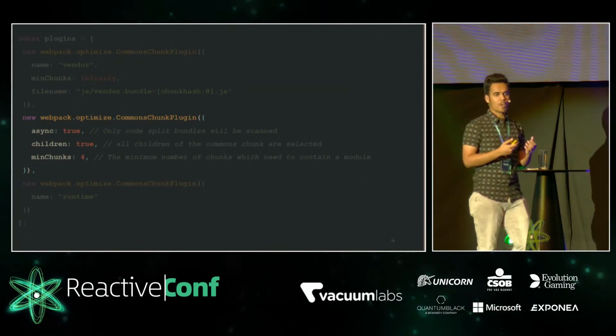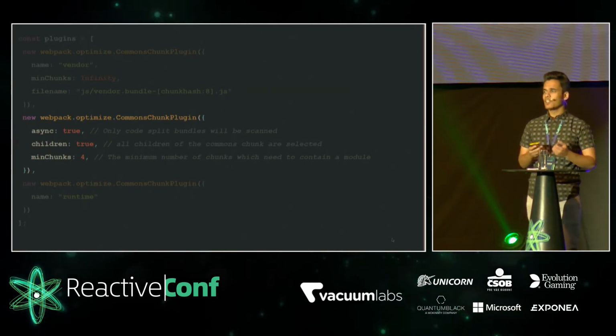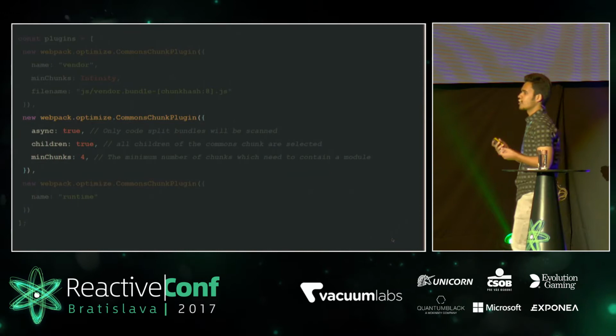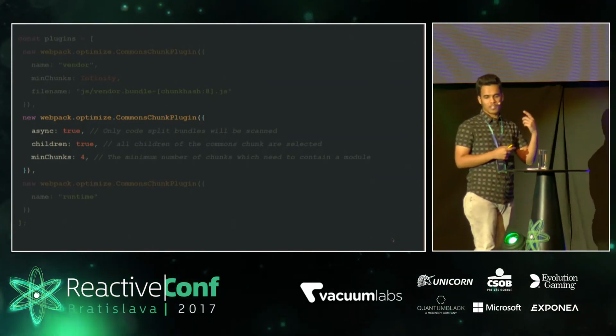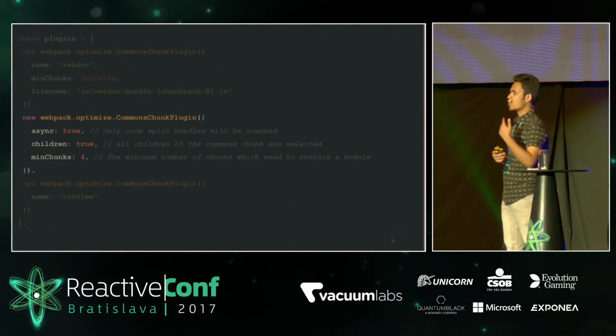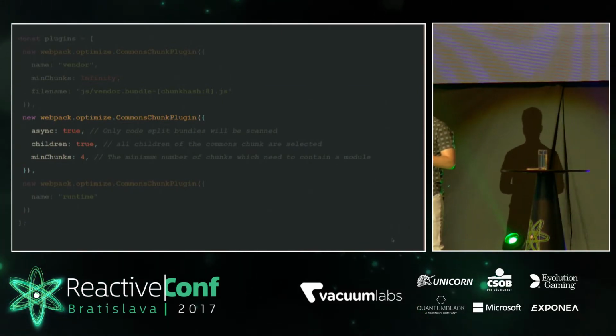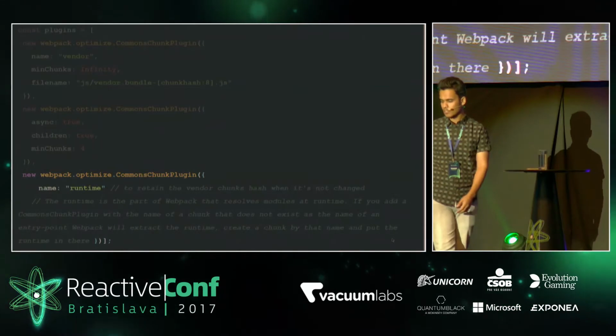Second, I'm asking webpack to scan all my async bundles, which are recognized using the imports, and also check the children of those async bundles and move them into a separate chunk.